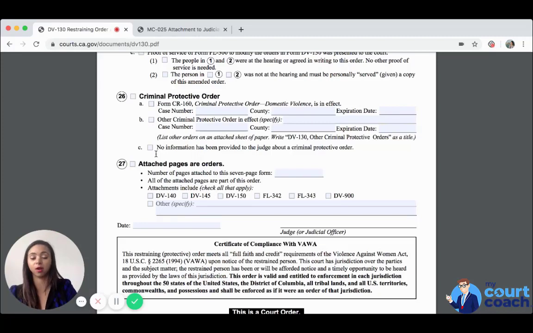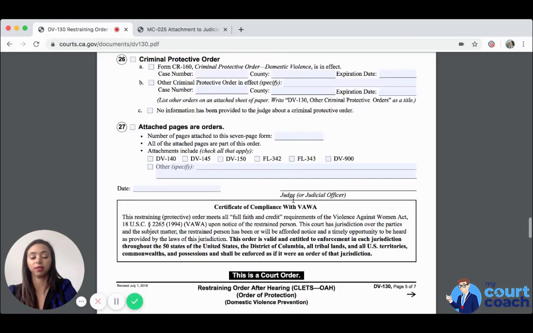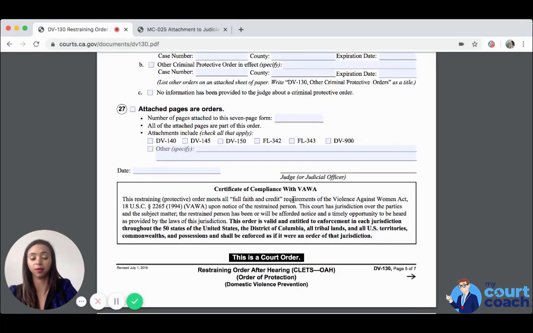And then if there are additional orders that need to be attached to this form, like a custody and visitation order, for example, you would go ahead and identify those documents. So it says all the pages attached are part of this order. The number of pages attached to the 7-page form is, and if there's 10 pages, you write the number 10, and then you would check off all the appropriate boxes in which the attachment to this form is applicable.